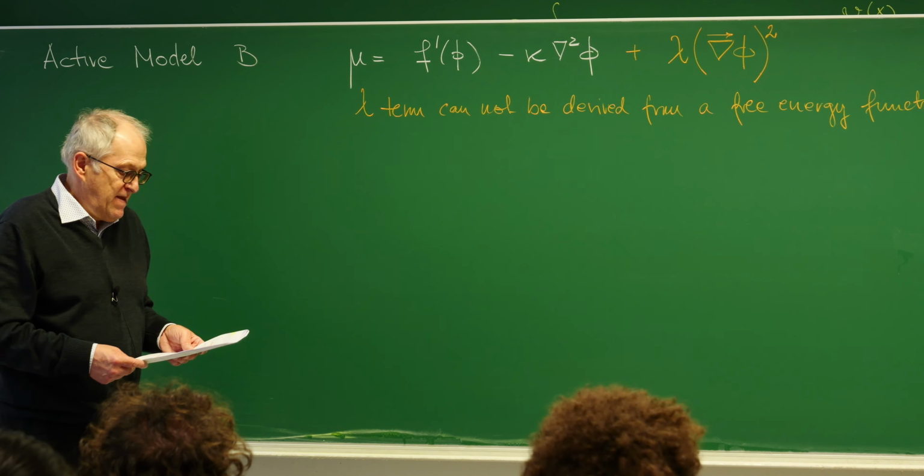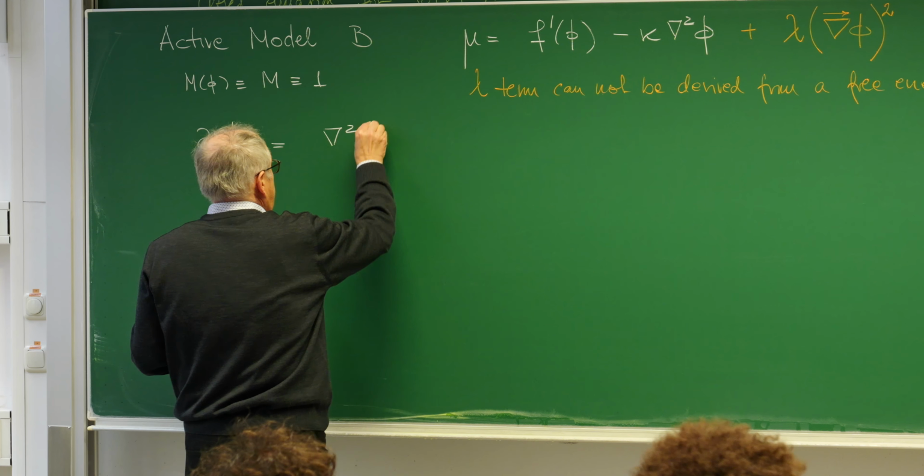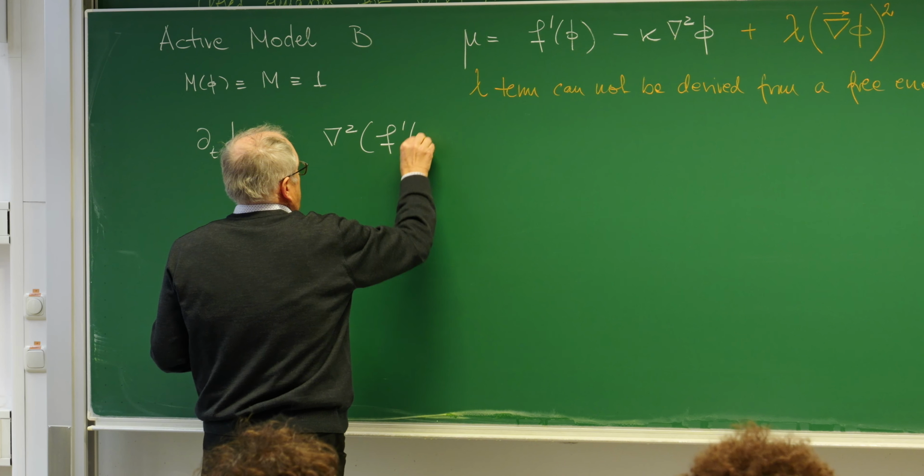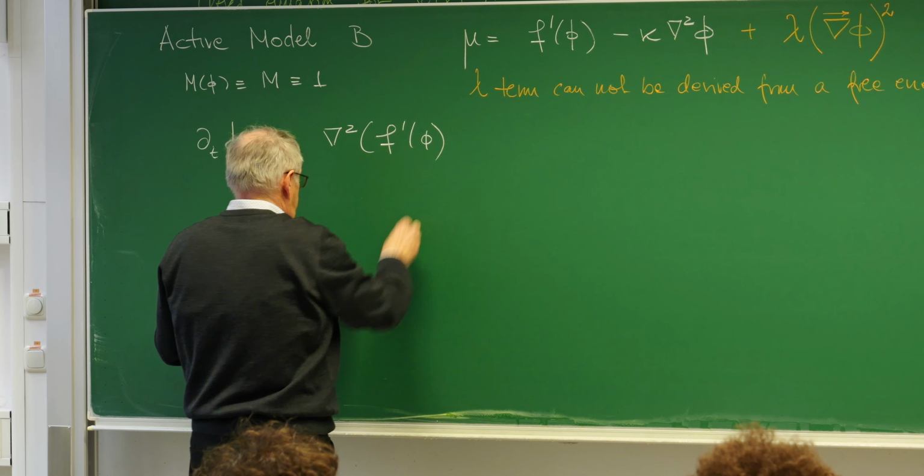And when you take things together, again, our M of phi for simplicity is a constant. Maybe just put it to 1. This constant, then active model B is defined as a scalar field theory that has this structure.